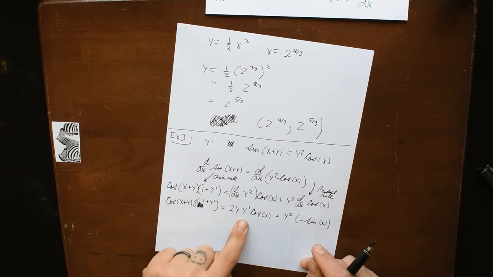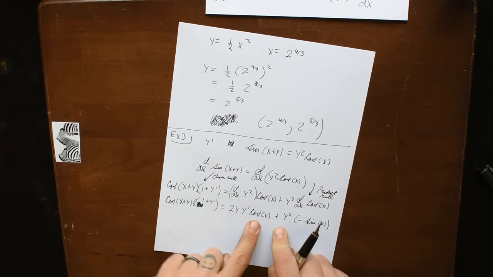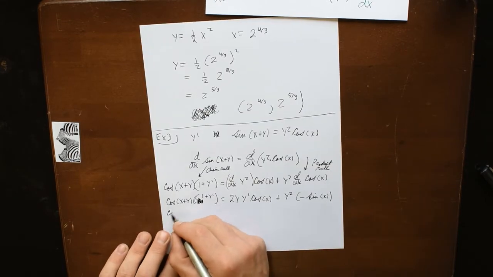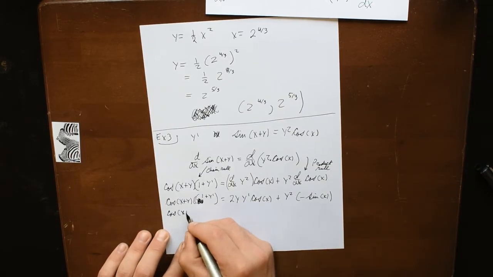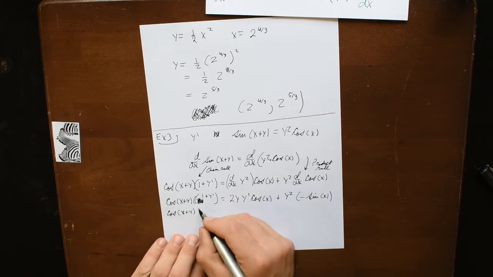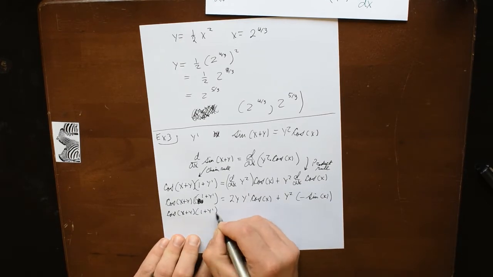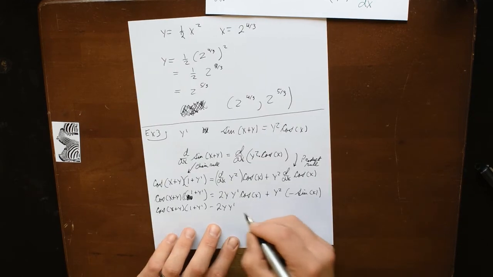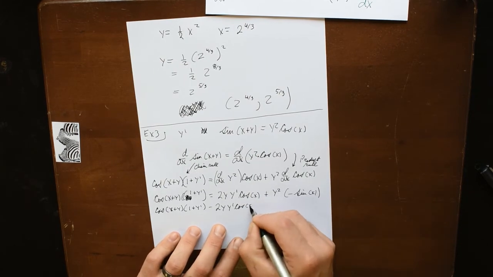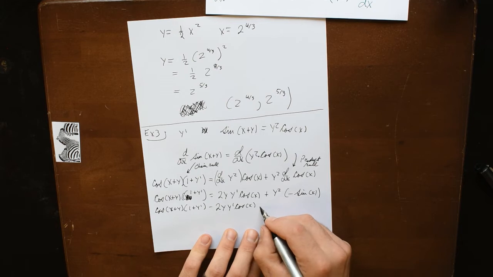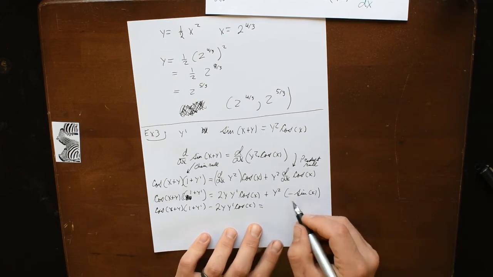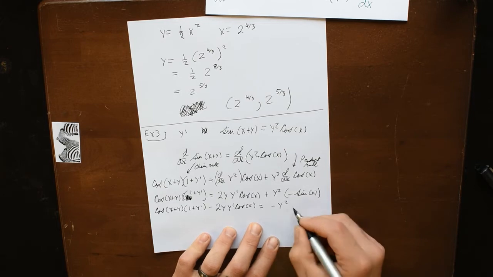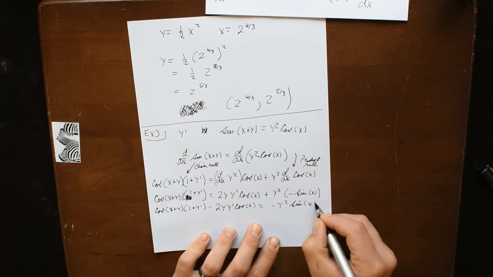There's one there, there's one there. I'm going to move this over and leave that alone. So that turns into a cosine of x plus y times 1 plus y prime minus 2y prime cosine of x, and that's going to be equal to, that minus sign is going to come out front, and we're going to get a negative y squared sine of x.